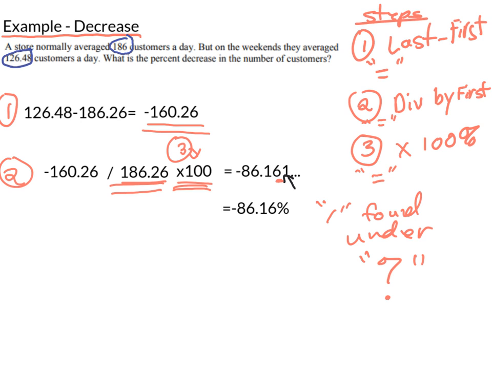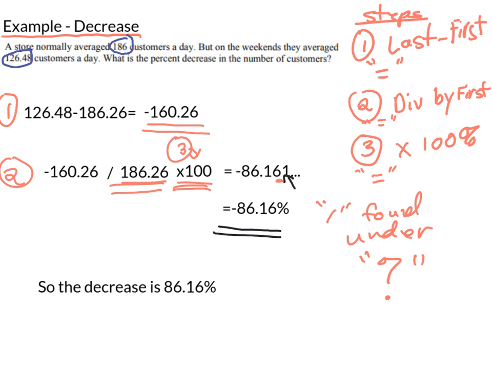And this is going to be what you would actually write as your final answer. Now notice it's a negative. Because it's negative, we're going to say that this is a decrease. And that's all you need. And basically all you do is you just write down, so the decrease is 86.16%.